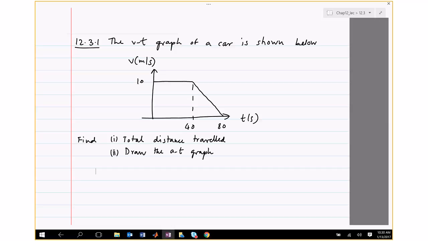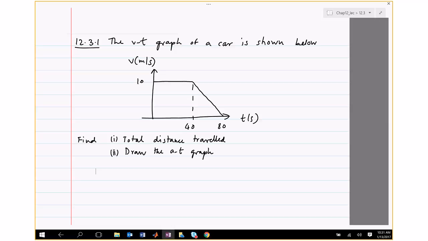What you have to do is find the total distance traveled, and then draw the acceleration time graph. Now I forgot to add one thing here. I need to say that the particle in this case starts from rest. If you don't have that information, you can't solve this. Let me just check this. So I want you to solve this question yourself.